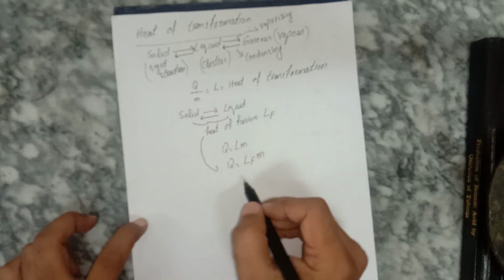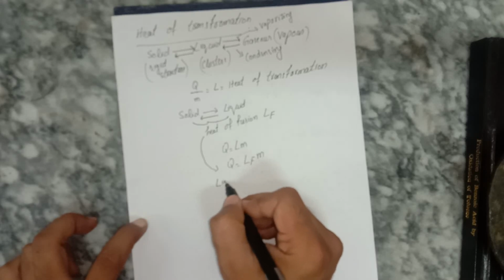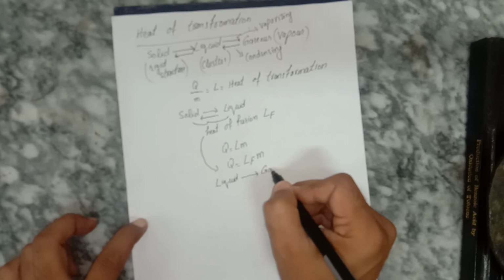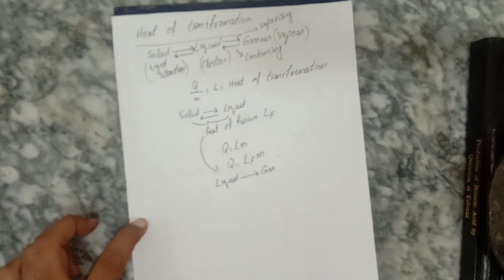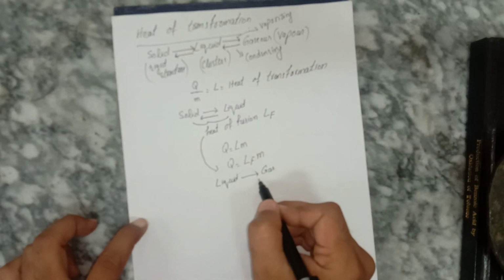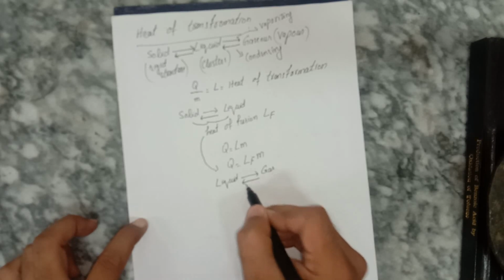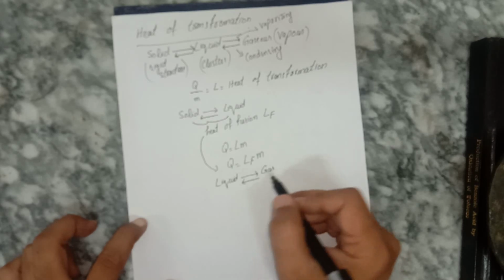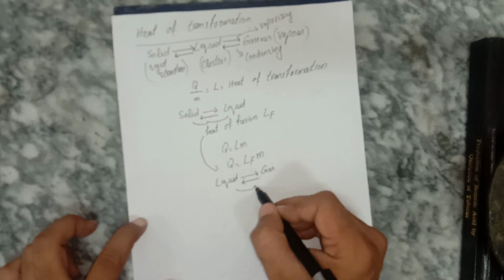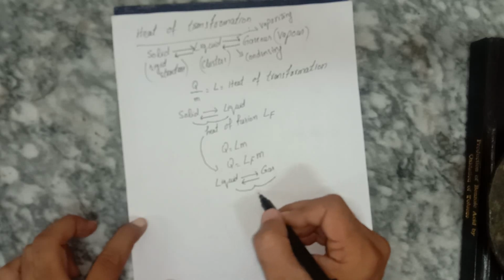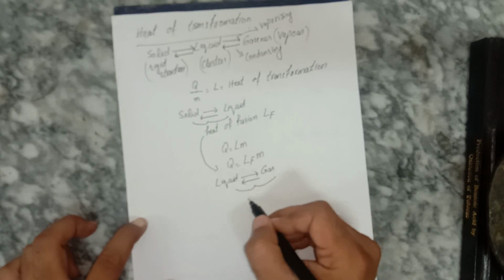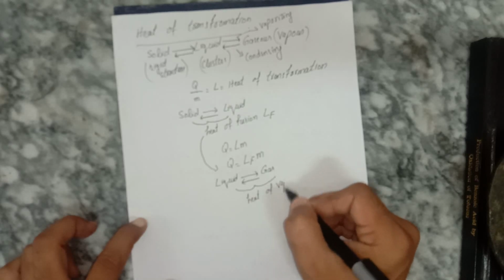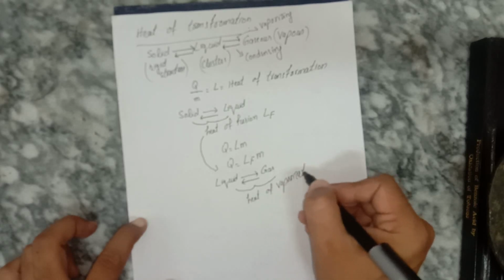And if the transformation is from liquid to gas or vapor state, then obviously we have to add heat, and if we are to change the gas state into liquid state, then we have to remove the heat energy. This transformation is known as heat of vaporization.